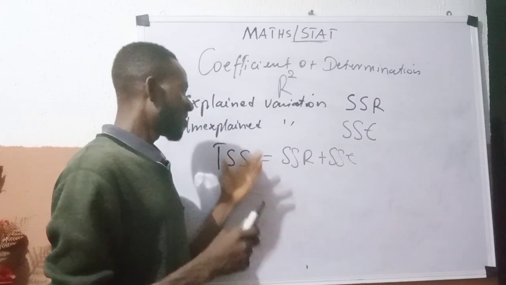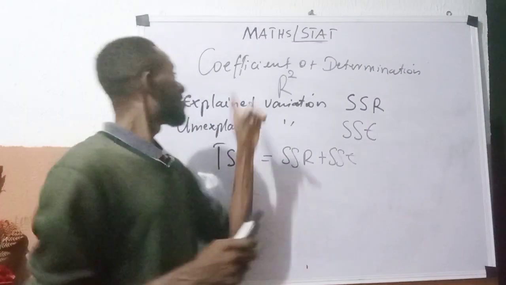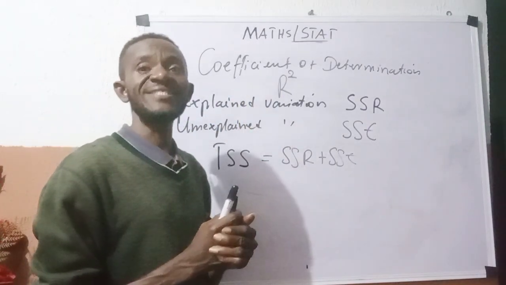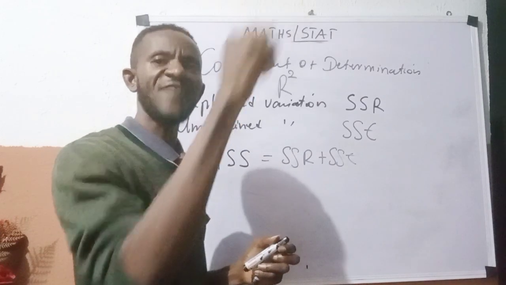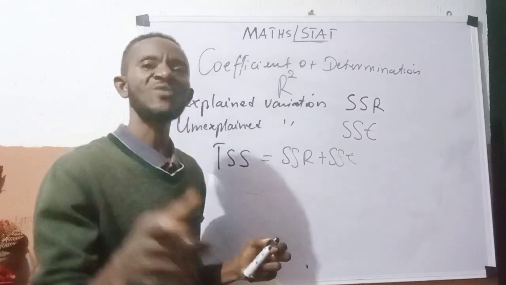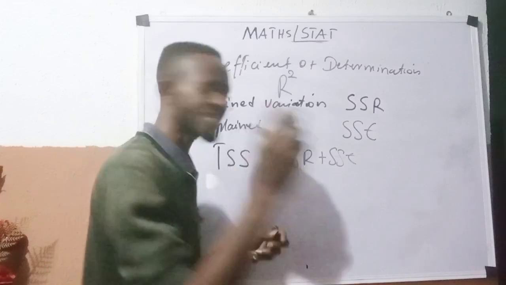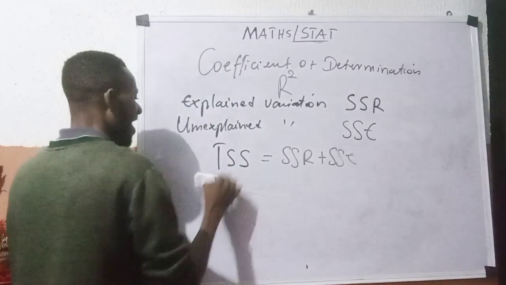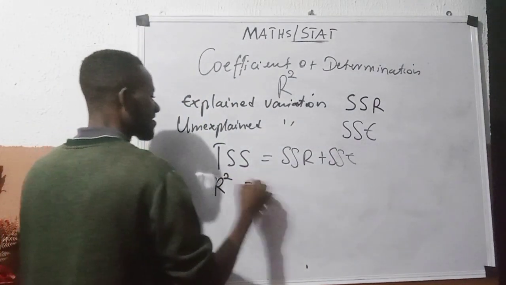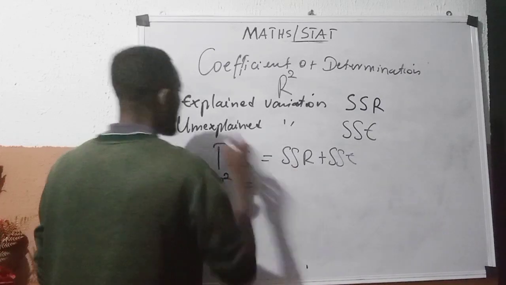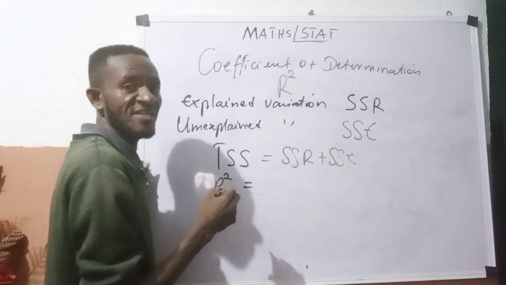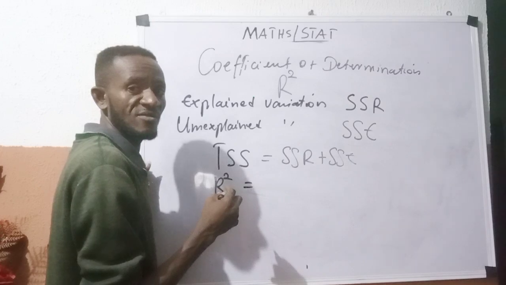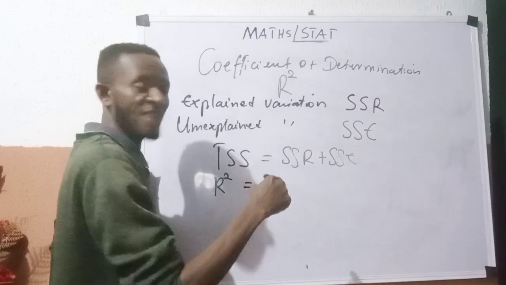And of course, our coefficient of determination is defined as the ratio of the explained variation over the total variation. That is the coefficient of determination. My R squared is given as the ratio of explained variation over total variation.